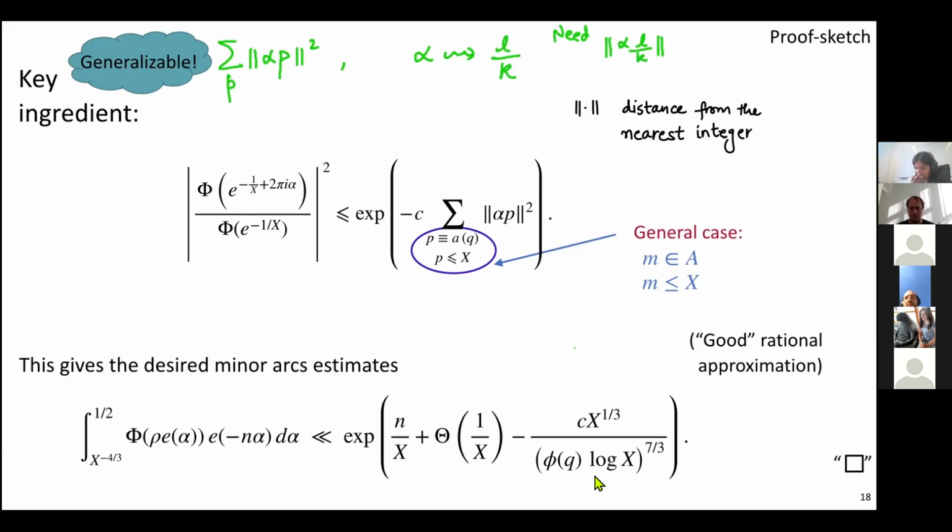Because of this negative sign in the exponential, and because I need a less-than inequality, I need to find a lower bound for this quantity.